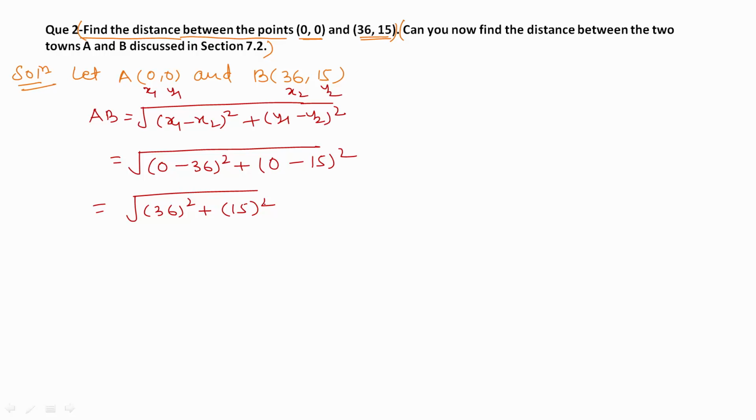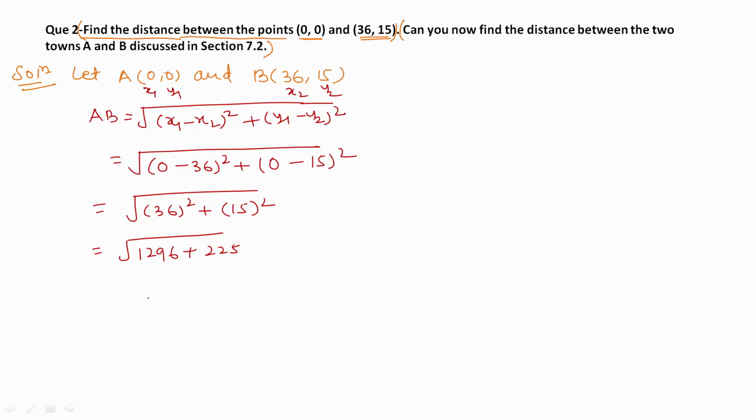and the square of 36 is equal to 1296, plus the square of 15, which is 225.